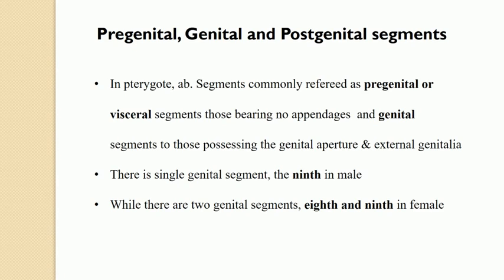Again, in the case of Coleoptera, the first two segments of the abdomen are reduced to membrane. And in the case of Hymenoptera, the first half of the second segment joins with the metanotum, that is the third thoracic segment.